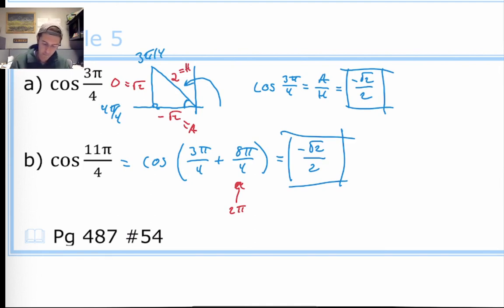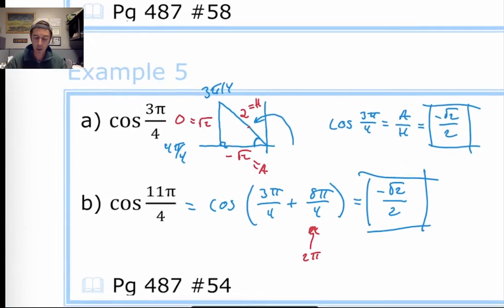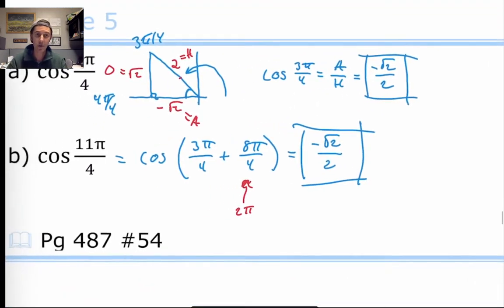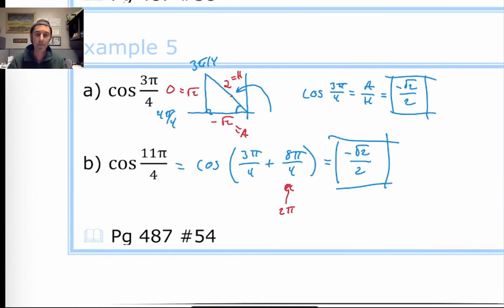On the diagram, you've rotated up to 3 pi over 4, and then you're just going all the way around another 2 pi. It lands you in the same place, halfway into the second quadrant. So it should be no surprise that the answer to those two questions is the same.